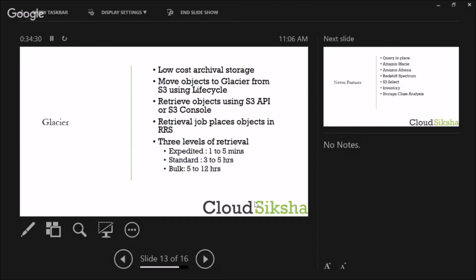Now, unlike S3, where standard, infrequent access, and RRS provide you the same download speed, there's no difference in the download speed in any of the three. In case of retrieval for Glacier, there is a difference. So in Glacier, they give you 3 levels of retrieval.